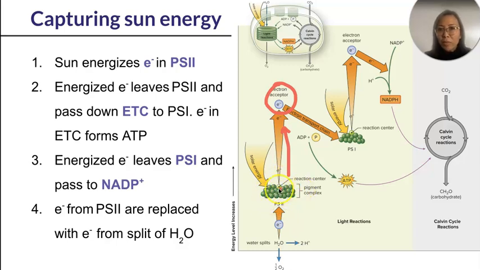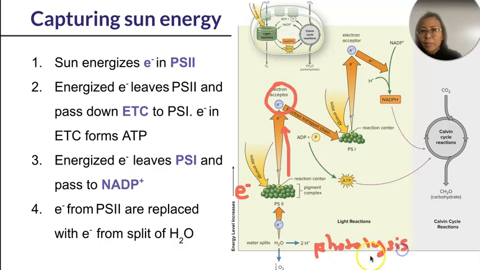Well, this electron here in photosystem 2, which also contains the pigment, right? That's why we have them all green here. This electron will come from water splitting. This is a process called, let's see if I can write it here, photolysis. When you lyse something, you're breaking it apart.